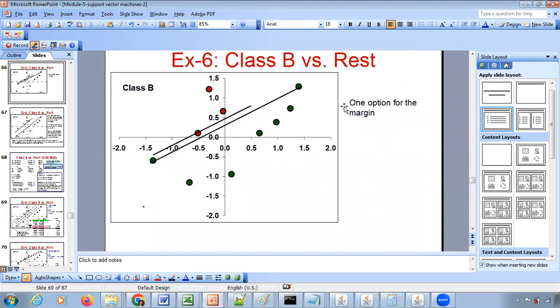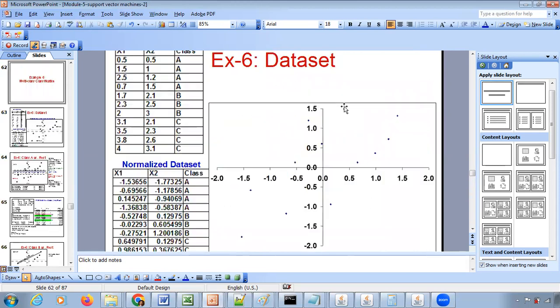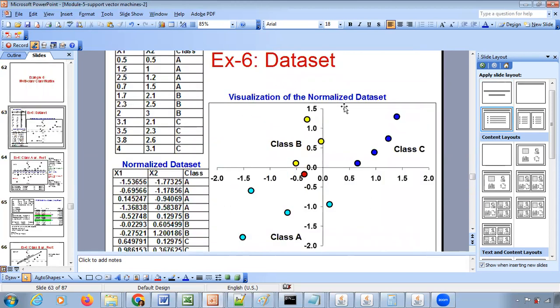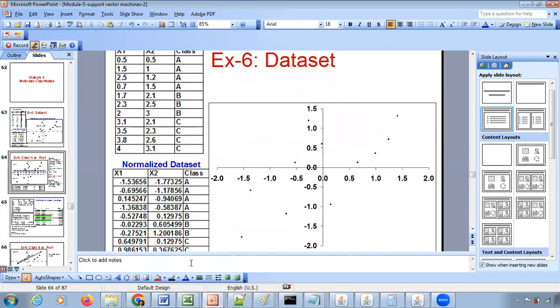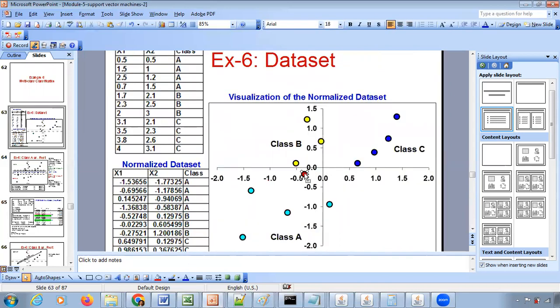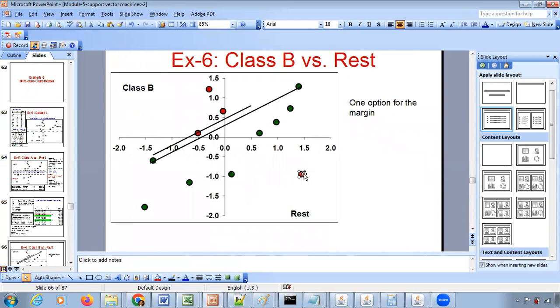That should go to class B rather than class A. If you had used that narrow hard margin classifier, it would have put this data point somewhere here, because you see this one here, negative 0.54. That would make it belong to class A, and that's not correct. It's not really close to any of the class A data points.